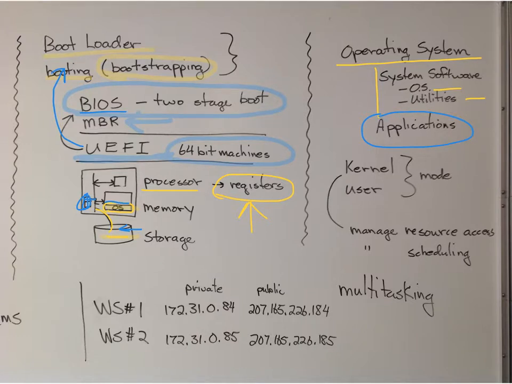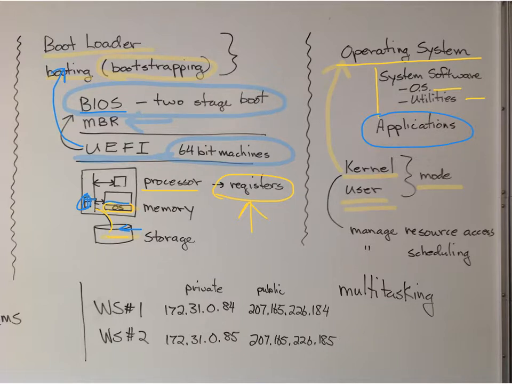The kernel is the main processing part of the operating system, and then we have a user. And later on we'll talk about whether we're in kernel mode or user mode. Is the operating system communicating to the processor, or is it a user?